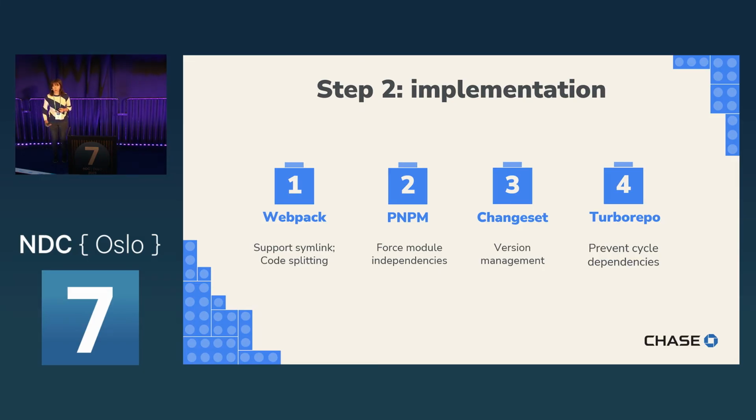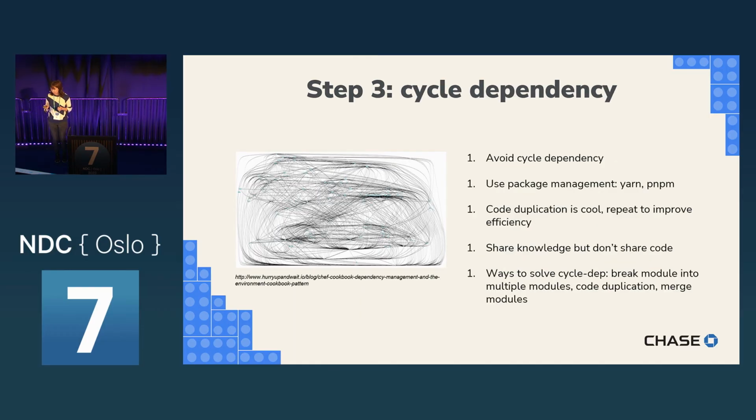And we also use Turborepo, which again is a great tool that you can use. First, it prevents circular dependencies for you, and it does caching as well. Right, so after the implementation of those tools, this was something we did in parallel, because you have to solve your circular dependency in order to use the full power of PNPM and Turbo.